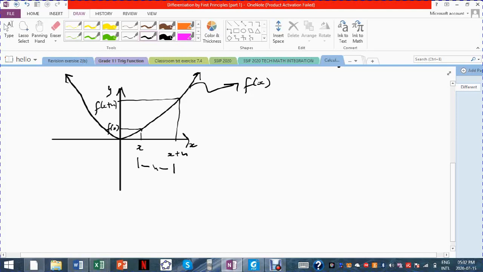Okay, so we can make up a gradient from there. So the average gradient between the 2 points will be f of x plus h, which is our y2, minus the initial, which is f of x, all over h, which is our change of x. Remember, here the distance between the two will be change of x.